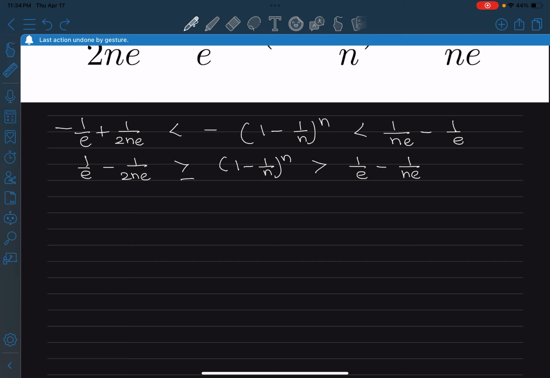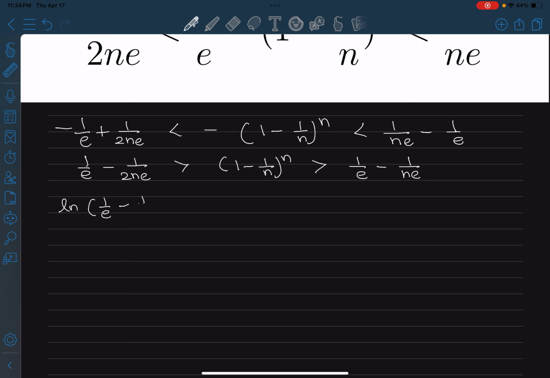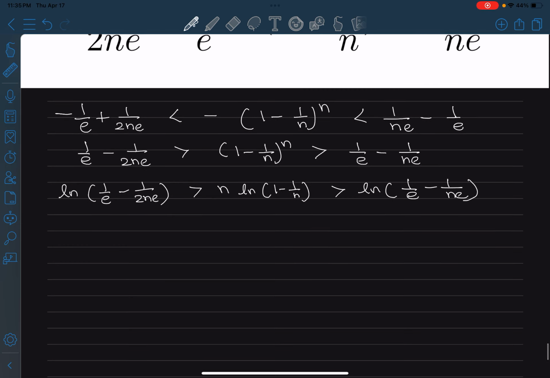Just for information. So now this becomes log of (1/e - 1/(2ne)) is greater than n log of (1 - 1/n), which is greater than log of (1/e - 1/(ne)). Now we can make a slight manipulation over here.